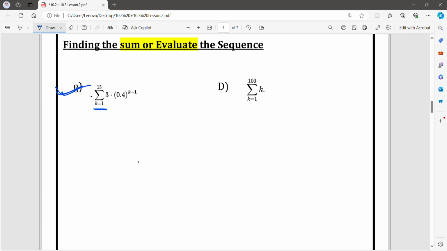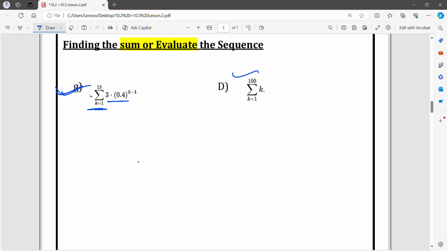Because k is a power here, this is geometric. You can see in part D, k is not a power, so this is arithmetic. This is the difference in sigma notation. In geometric, whatever the variable is, it will be a power in the expression.